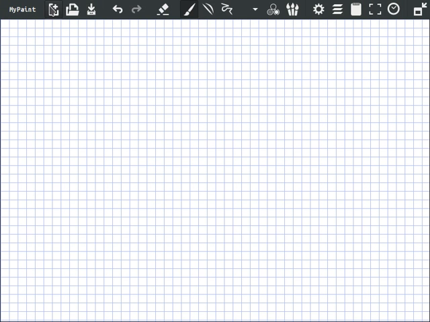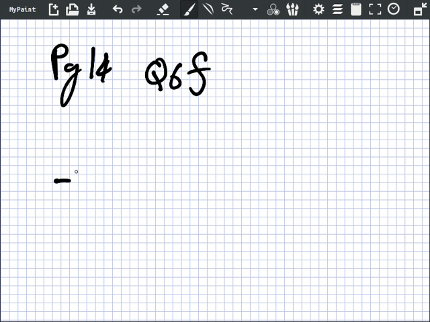But wait, I have a question. Is it the same example? Yeah, we can come back to it, don't worry. Page 14, question 6F, is it? Yeah.